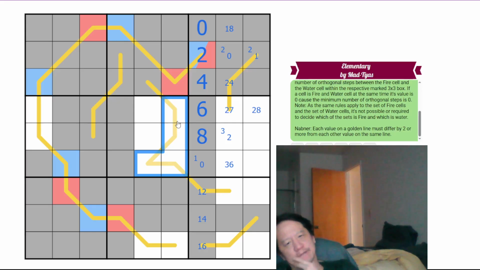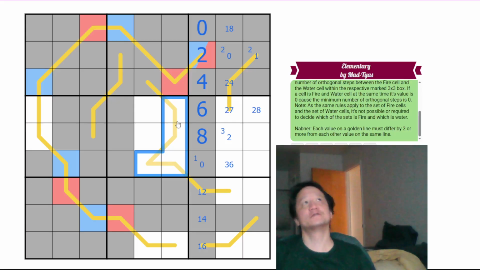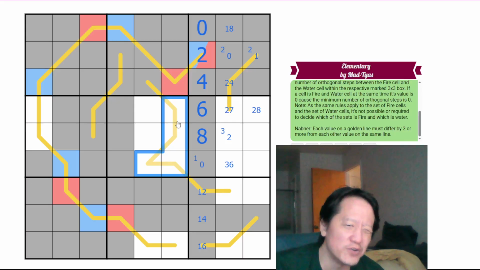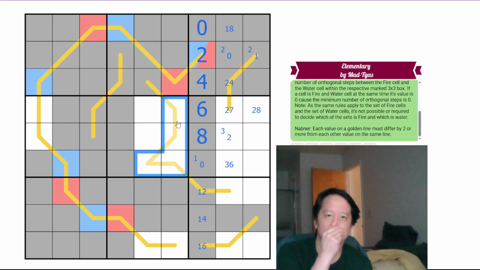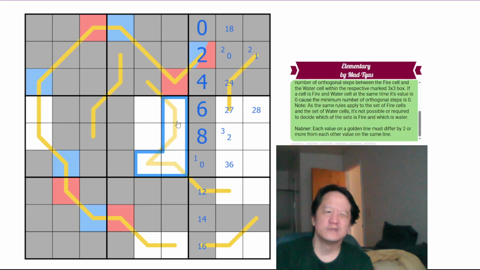So again, if we have the sets of 3-aways, we have 4 of those. I guess you could have 12, right? 12, 18. One of them's guaranteed to be 21 and 24. That's not that restrictive either.